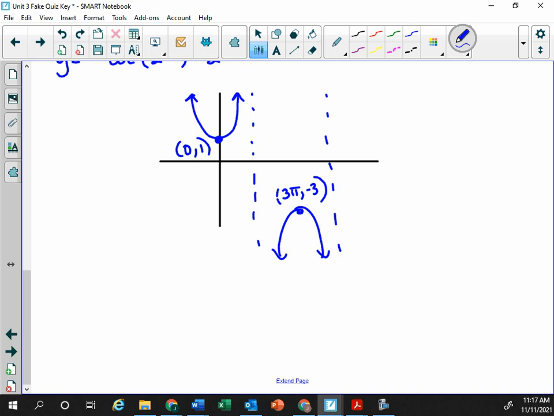If you want to try one more, I know we're going to run out of time. So you could write this as a secant and a cosecant.